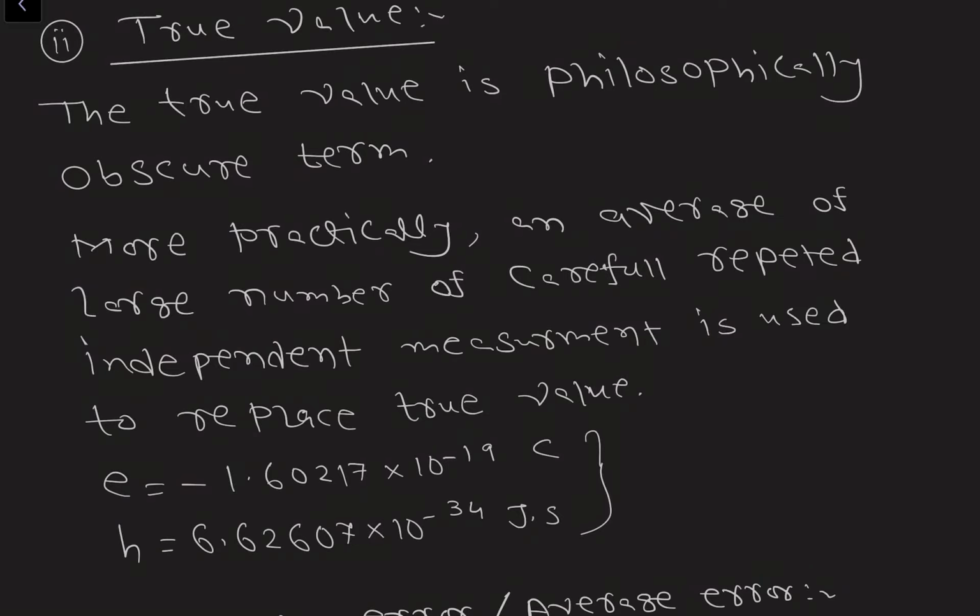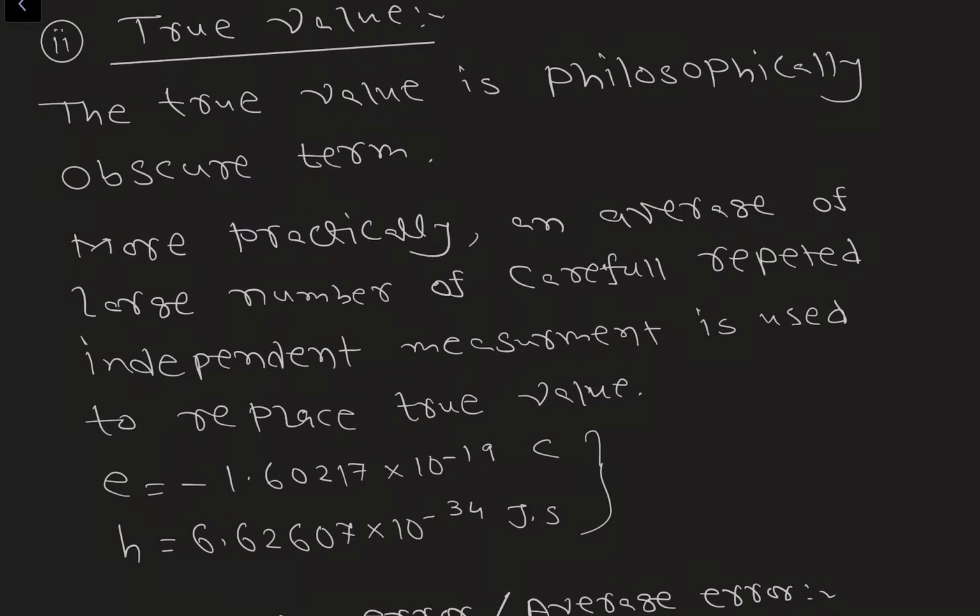There will always be some error, maybe due to instrumental limitation or some other thing. But practically, an average of a large number of careful, repeated, independent measurements can be taken as a true value, or we can use this value to replace the true value.